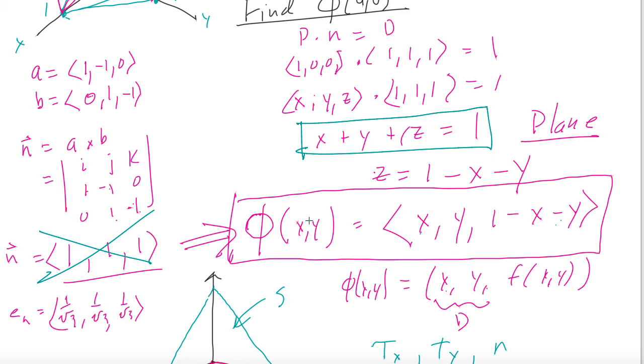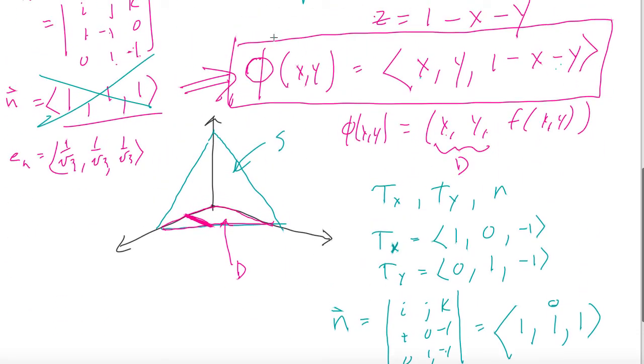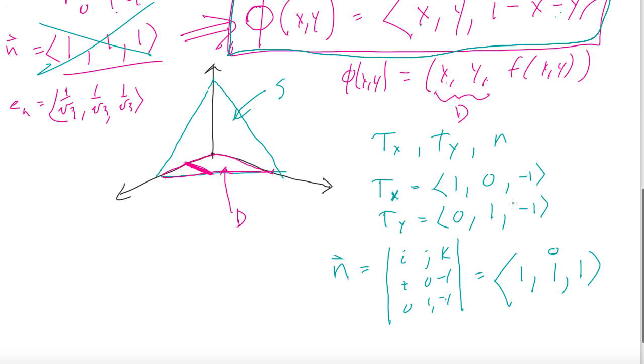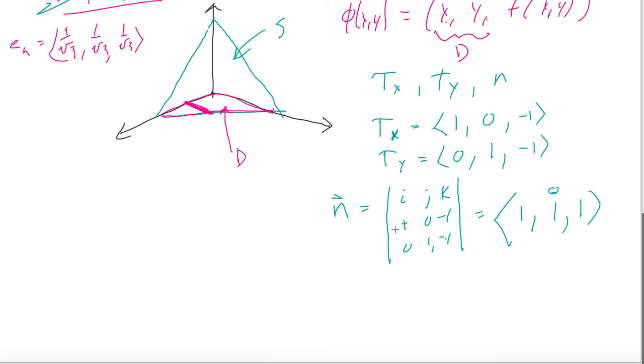After I got this and created my actual parametric mapping function here, by parametrization, after I found this, you have to find the derivative with respect to x. With these, to get the tangent in the direction of x, you have to find the tangent in the direction of y by taking the derivative with respect to y, of course, to get these. After you find these, you have to make the calculation to get n.